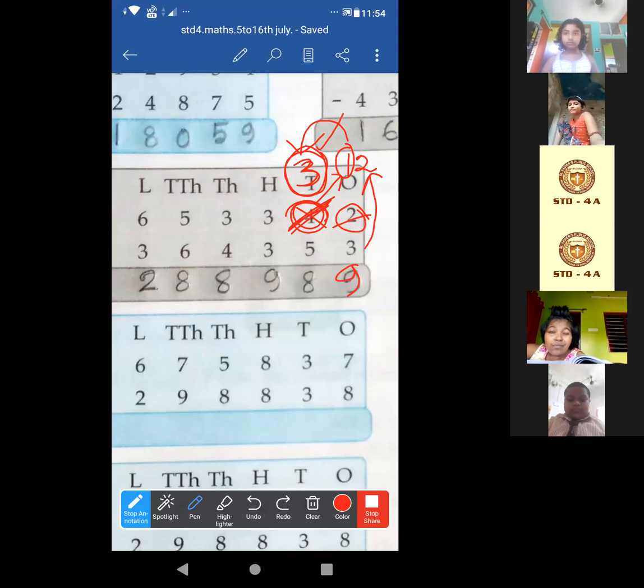Understood? So from this 3, we have to subtract. But again, look, 5 is greater than this 3. So we cannot subtract. Again, we have to make this 3 larger. As this is 3, it will be 13 by borrowing 1 from the immediate left, the same thing will be repeating. Understood? So this one clear?